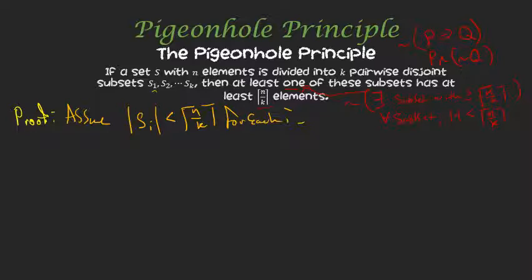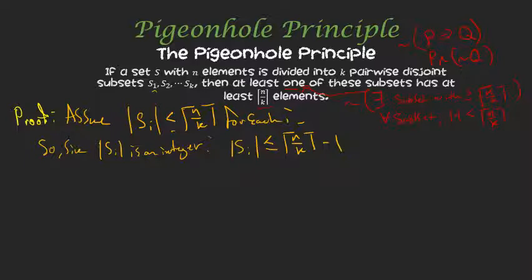So since the cardinality of S sub i is an integer, what we actually have is that it is less than or equal to 1 less than the ceiling of n over k, right? If it's strictly less than ceiling of n over k, it's going to be less than or equal to ceiling of n over k minus 1.